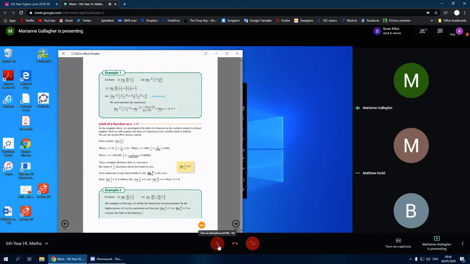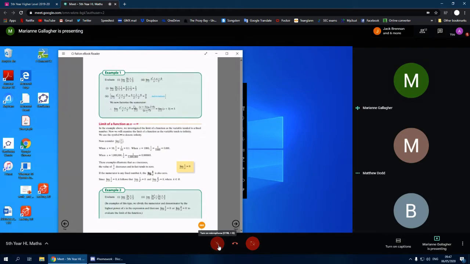In this next one, we want the limit as x is getting closer to 2. So the limit of f of x, the limit of our function as x tends to 2, what's happening to the graph? If I sub in 2 there, I get 4 plus 2 minus 6 over 2 minus 2, which is 0 over 0. So I have a problem. Then I go back and see, can I factorize anything here and simplify this?